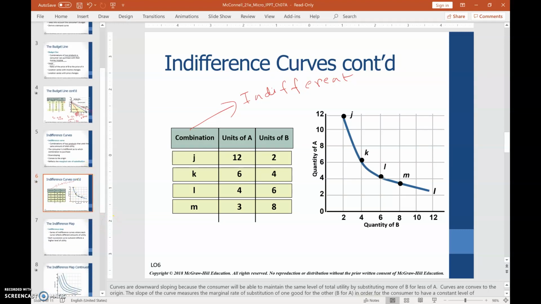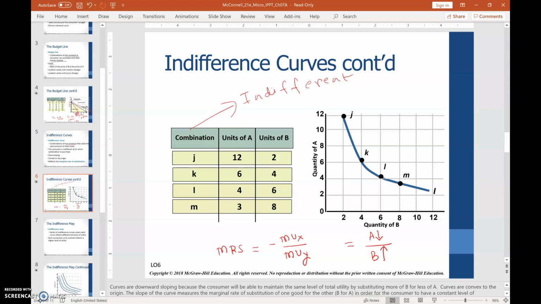Okay, now we can define the concept of marginal rate of substitution, which is the slope of the indifference curve. So this is the mathematical notation here, but I can make this easier. This is equal to the change in A going down over B going up.